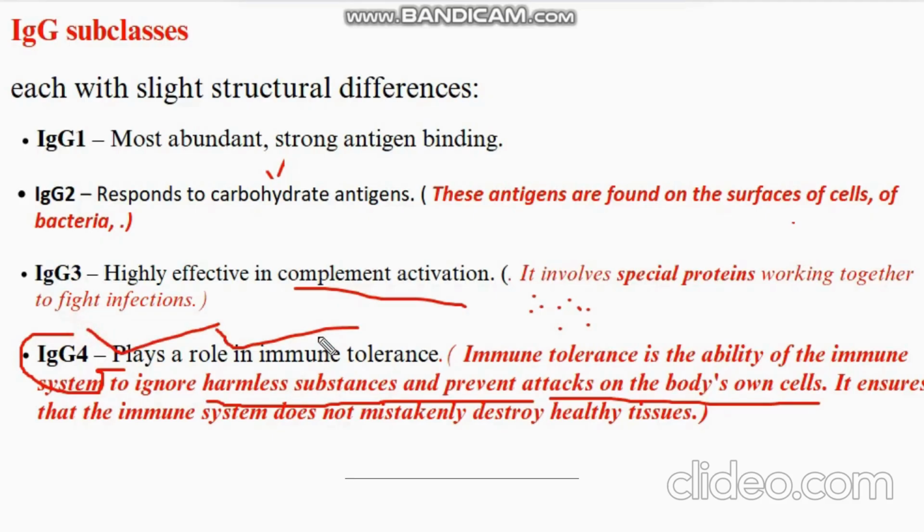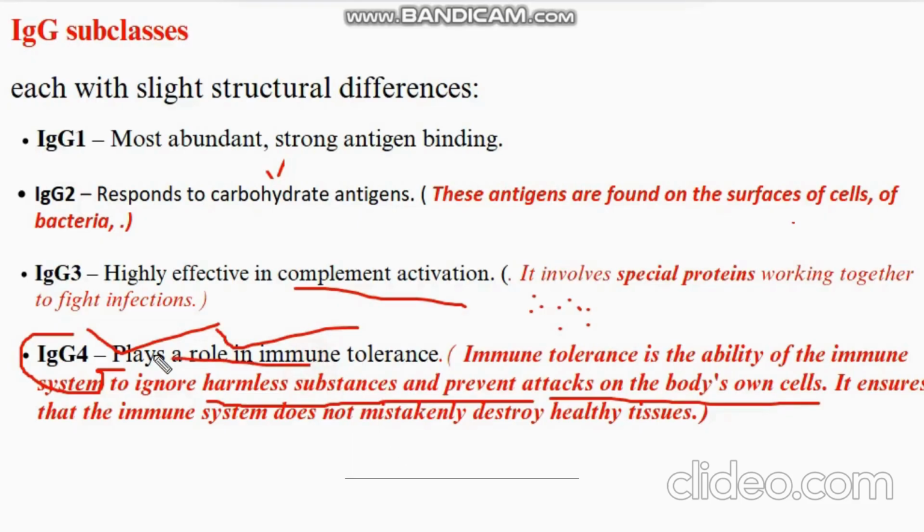As I told you, immune tolerance is the special character of the immune system which stops it from attacking its own cells and harmless substances.